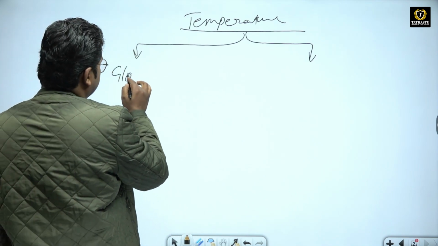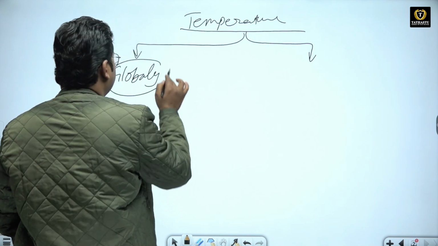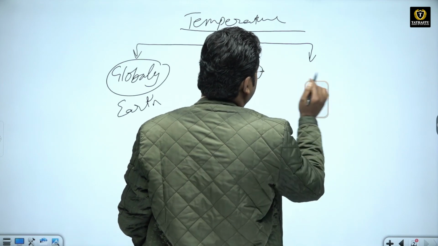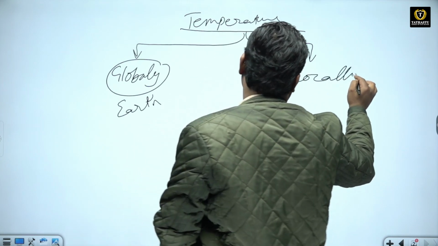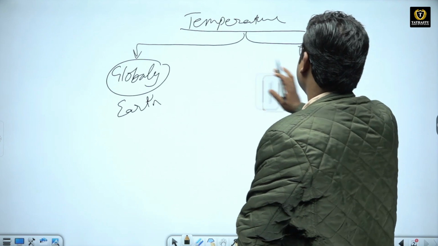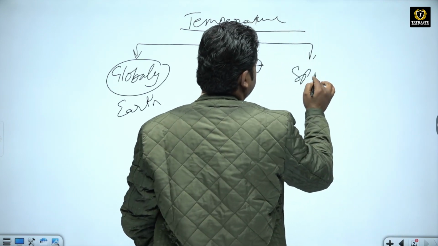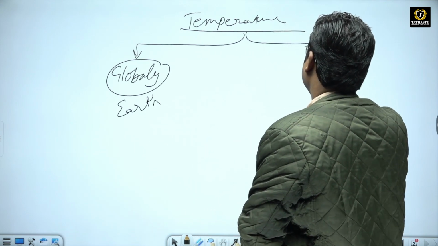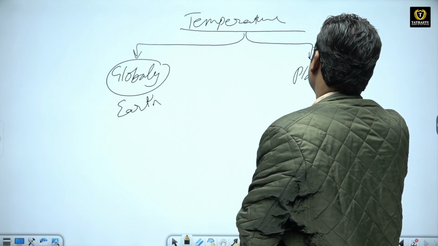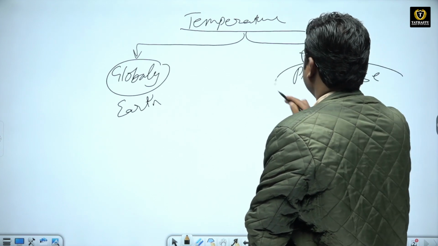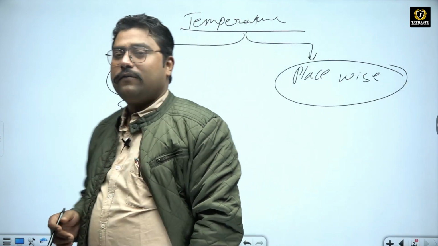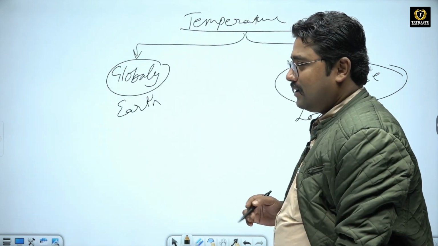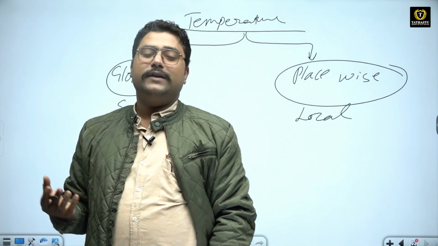One is global, meaning for the whole earth, and one is local, meaning spatial or place-wise. In simple terms, this is the global factor and this is the local factor. Now we will see both of them one by one.